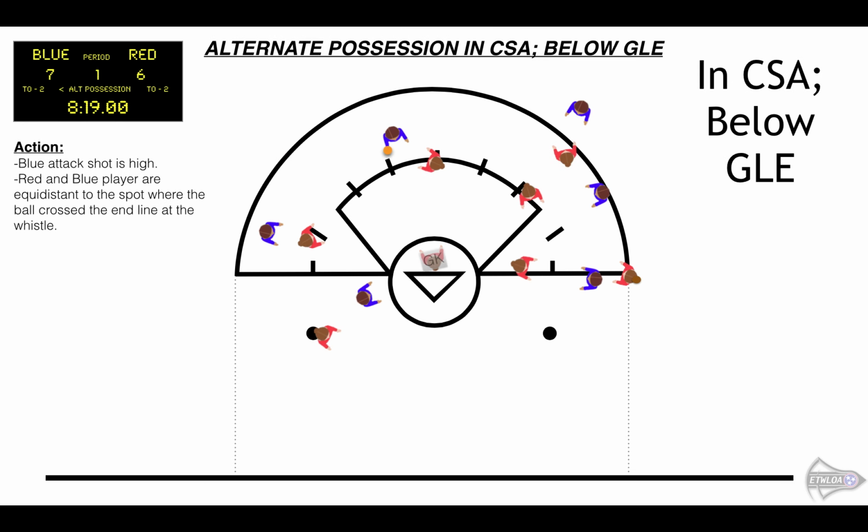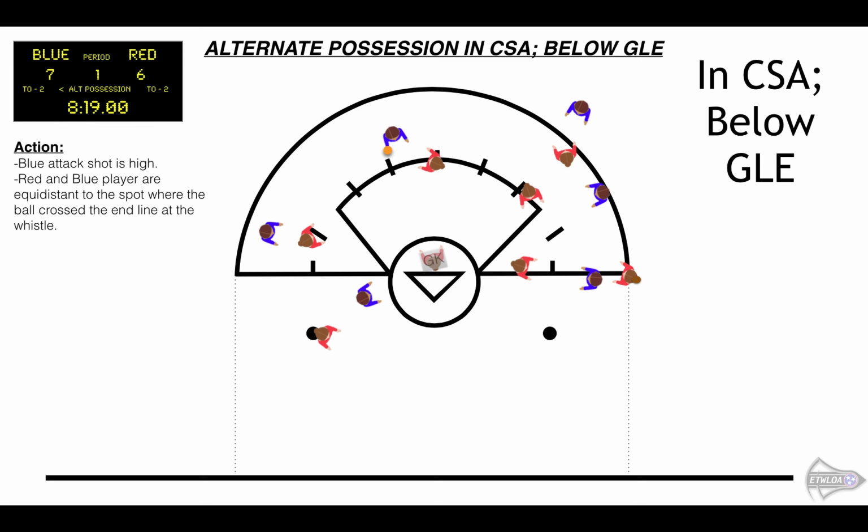Second, actually I guess the third scenario, we'll have blue with the alternate possession arrow, and this will have a simple shot where we can't determine who's closest to the ball, and we will grant an alternate possession to the proper team. So here a blue attack shot is high over the goal, goes out of bounds.